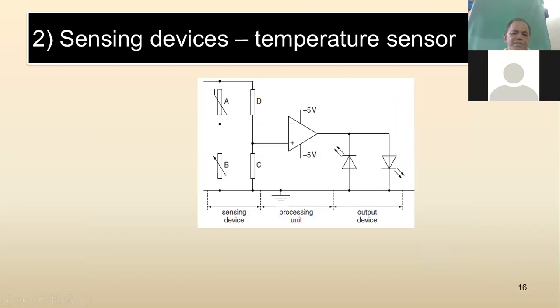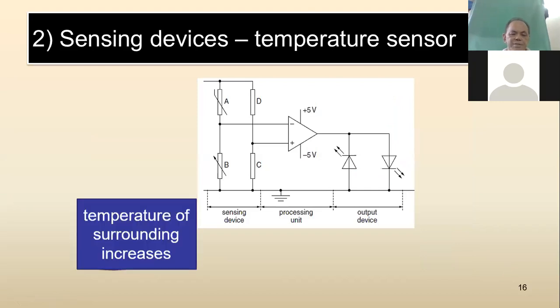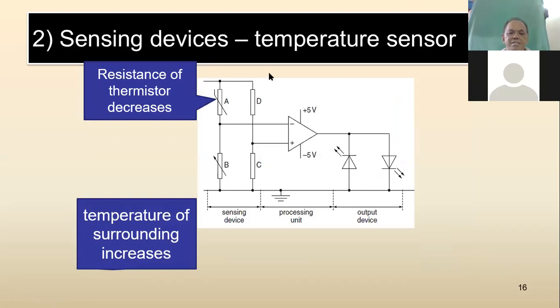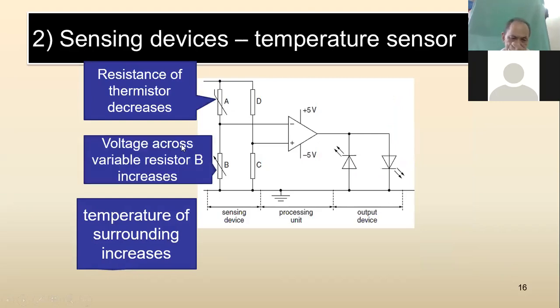So this is temperature sensor. Temperature of surrounding increases. What happened? The resistance changes. Resistance decreases for this one. So it means that there is less resistance here. Potential across here will increase.